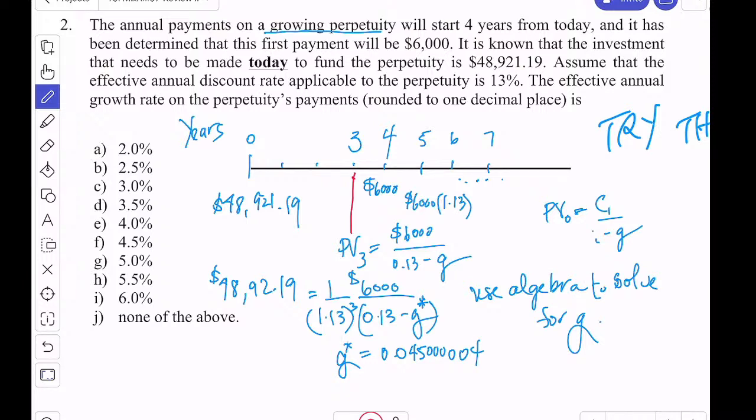I'll just give it an asterisk. That's what I want to solve for. Okay? Any questions?